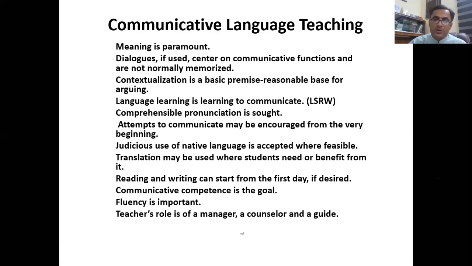So this methodology was first talked about in the 1980s, and then also in the 1980s in the East Asian countries, and in the 1990s in the Asian countries, and also in many of the European countries, particularly Eastern European countries, it became very, very popular.